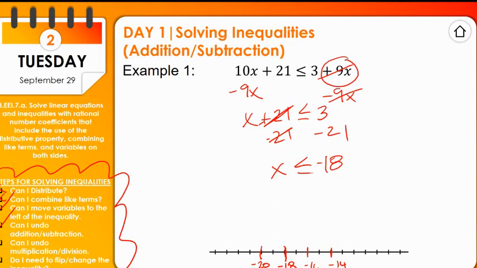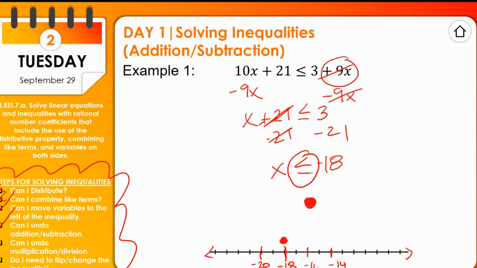And we do this so that we can show that we know the difference between where the values are on the number line. This symbol, based on our notes, says that we have a closed circle at negative 18. And where are the values of x that are less than negative 18?